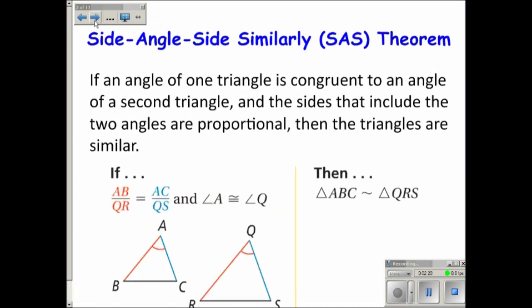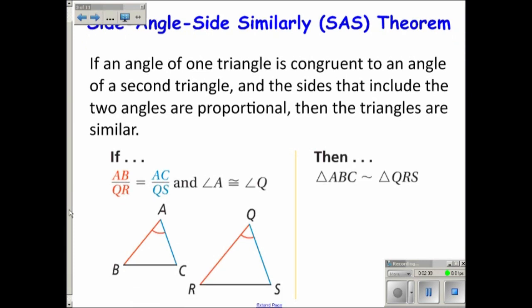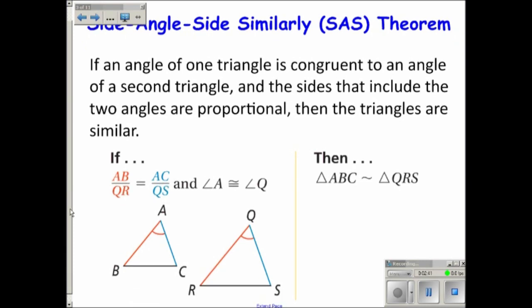The side, angle, side similarity theorem is if an angle of one triangle is congruent to an angle of a second triangle, and the sides that are included in the 2 triangles are proportional, then the triangles are similar. This works for the same reason that the side, angle, side congruence theorem worked, except now the sides are proportional and not congruent.